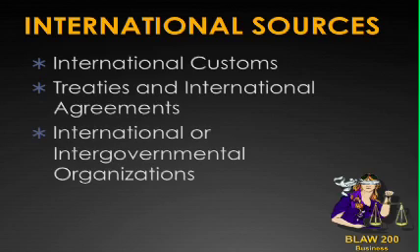Okay, so when we're looking at international sources, they are international customs, treaties, and IGOs. IGO is our abbreviation for Intergovernmental Organization. We might call them international organizations, but the preferred term is Intergovernmental Organization, and this shouldn't be confused with another term you may hear in this arena, NGO, for non-governmental organization.